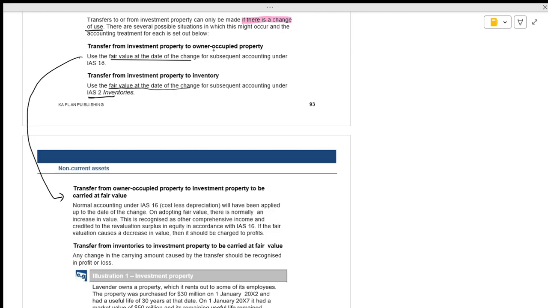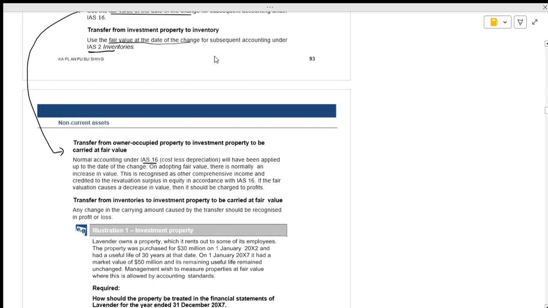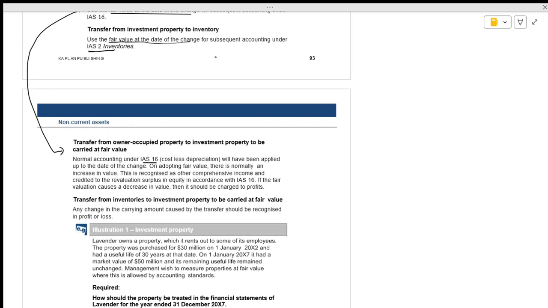Normal accounting as per IAS 16 is cost less depreciation. On adopting the fair value, when you talk about fair value, definitely there will be an increase in value. This has to be recognized in OCI, and the excess has to be transferred to equity.